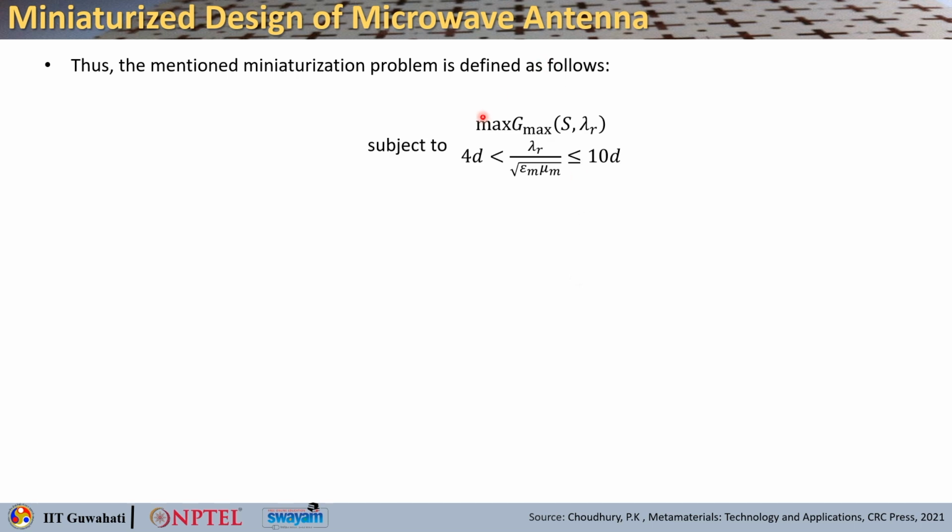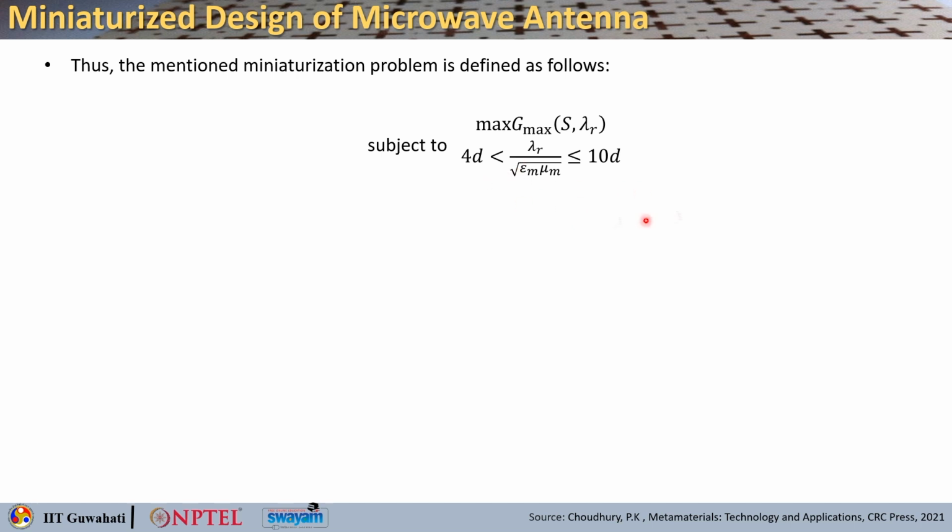So, you want to find the maximum gain for given S and lambda r, subject to lambda r within this limit, that is lambda r divided by square root of epsilon m mu m should be greater than 4d, but less than or equal to 10d. So, d is basically the thickness of the substrate.